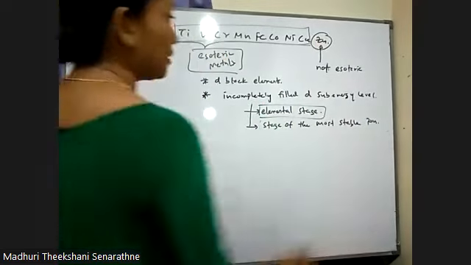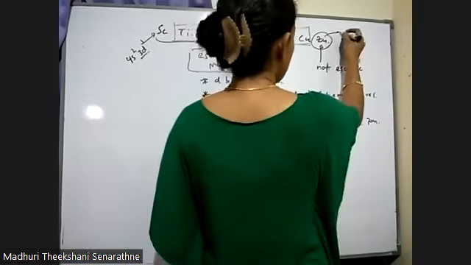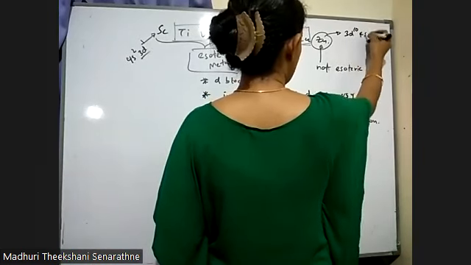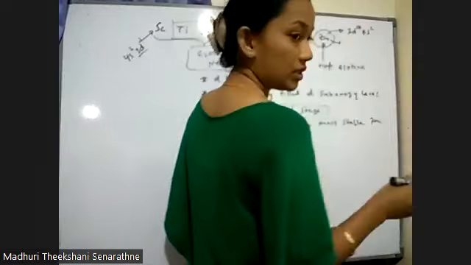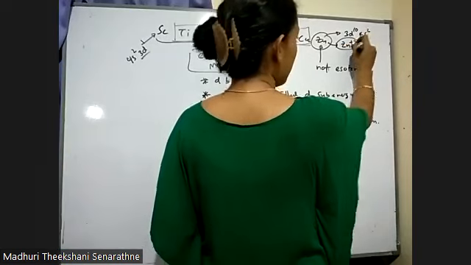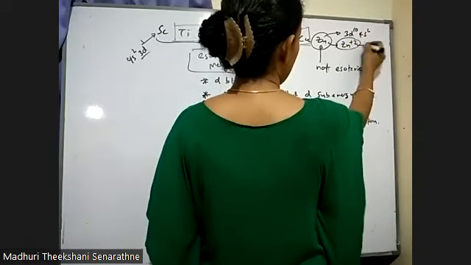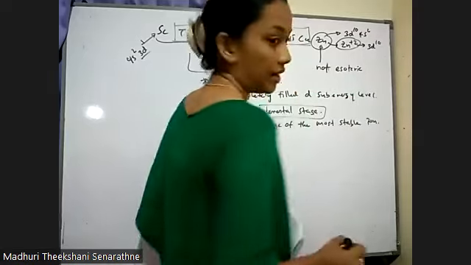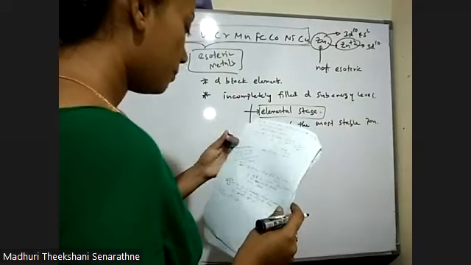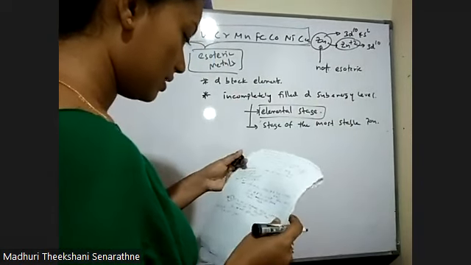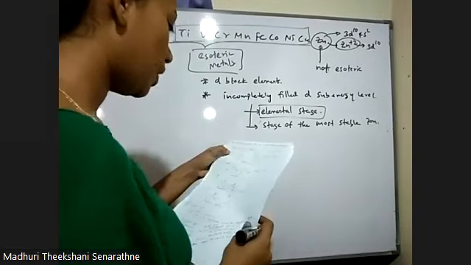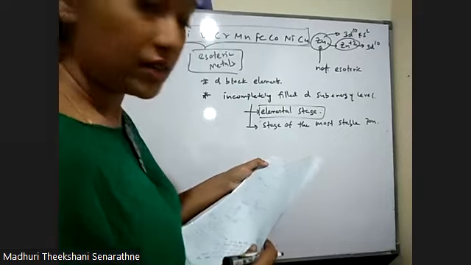But in zinc, at the elemental stage, the electronic configuration is 3d10 4s2, and the most stable cation is zinc 2 plus, whose electronic configuration is 3d10. Therefore, zinc is not an esoteric element. Answer is zinc.